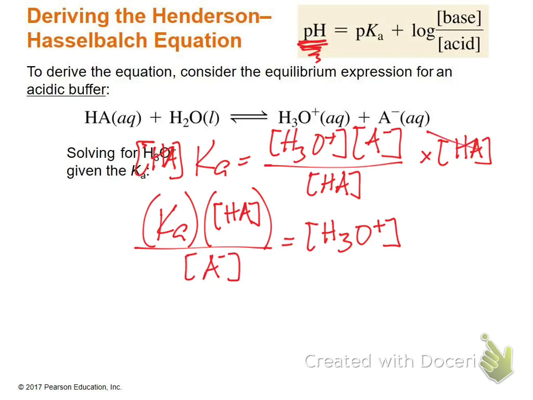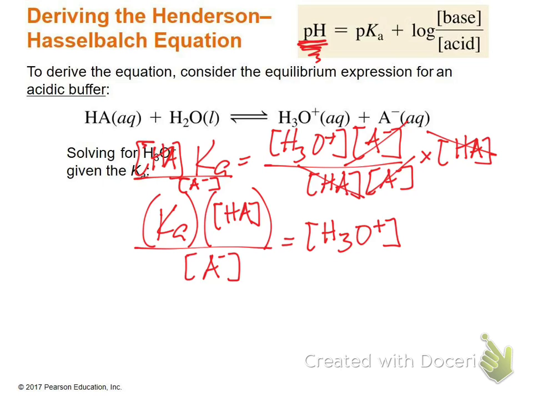And that basically cancels with the denominator here. And to isolate H3O plus completely, we would have to divide both sides by the conjugate base. Okay, and this conjugate base will cancel, giving you this equation at the bottom.